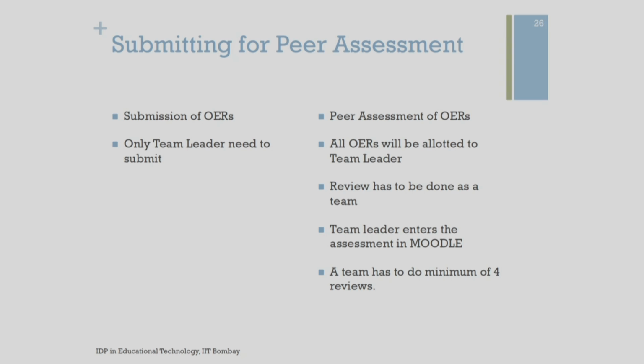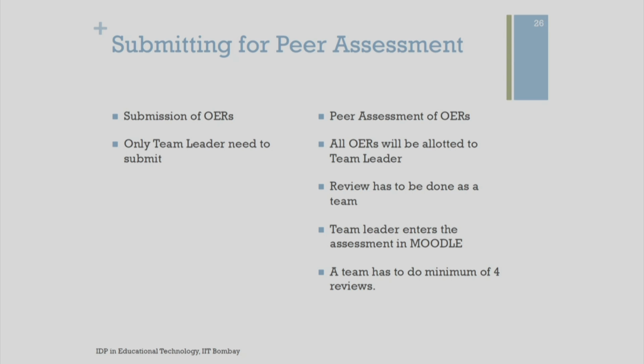Now, submission for peer assessment, as you know, has a submission phase and a peer assessment phase. Only the team leader will be able to submit your OER. So the activity will be controlled in such a way that we accept only submissions from the team leader.